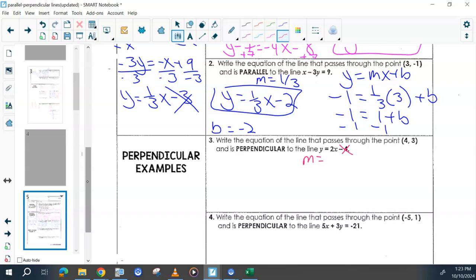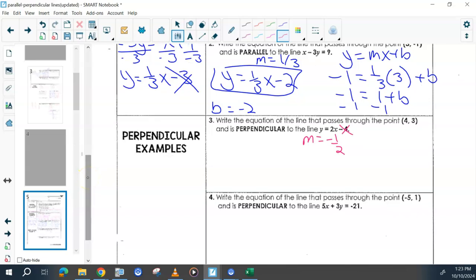What number would that be? It would be negative 1 over 2, yes. So you have to do that first. If you don't change this first, the rest of your work and answer is going to be wrong.